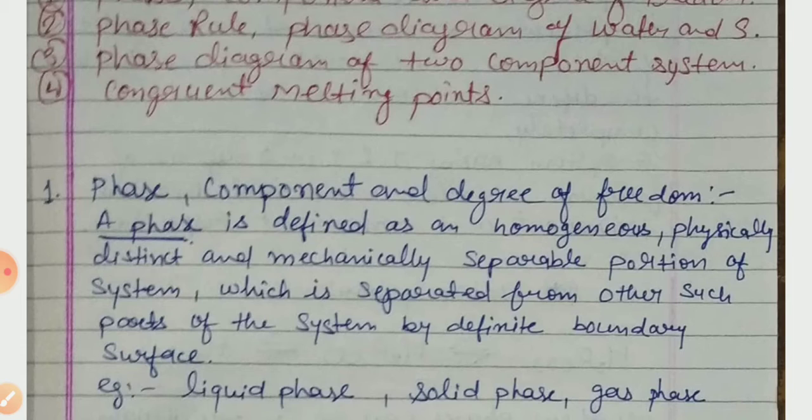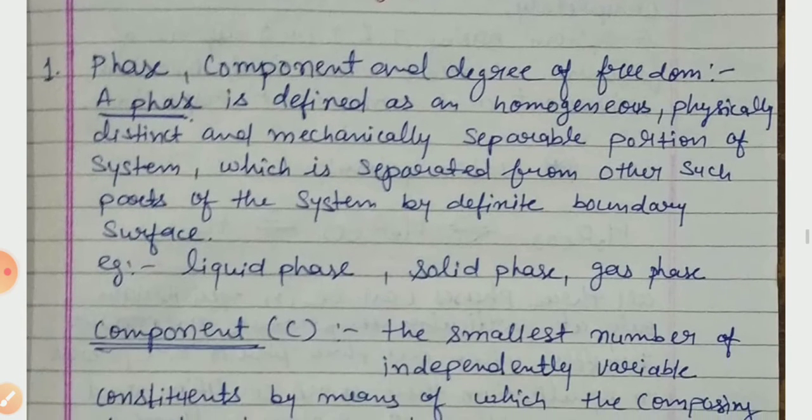So for water the phases are three and the component is one, which is H2O, because it is represented by the chemical formula H2O. So H2O is a single component, and the phases are three: liquid, solid and gas or vapor.